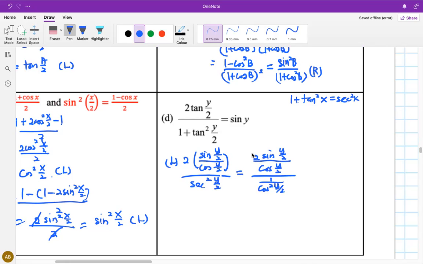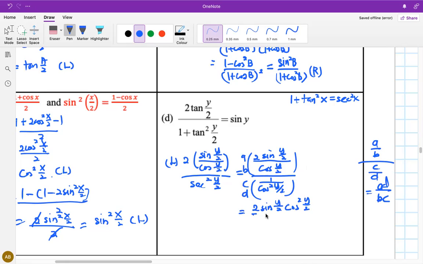So remember, a over b divided by c over d is equivalent to ad over bc. So this is a, b, c, d. So ad, so it's 2 sine y over 2 cos square y over 2 over cos y over 2.